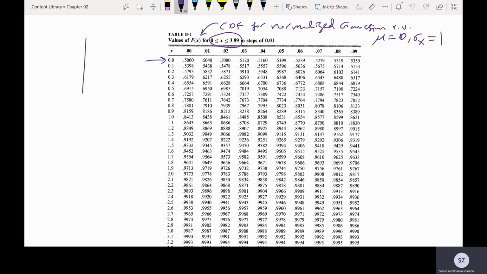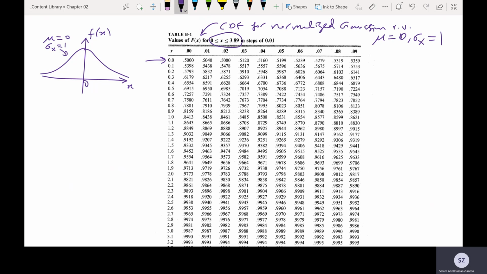So basically, the PDF looks like this, around the 0. This is x, this is f of x. So here it's the PDF for the 0 mean and standard deviation equal to 1.